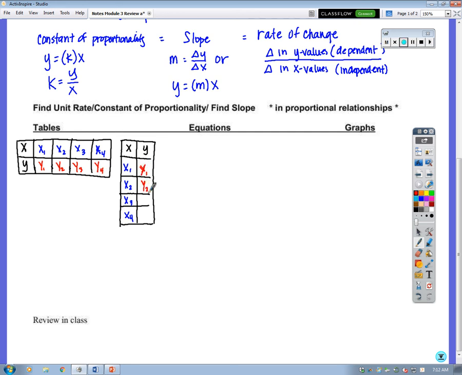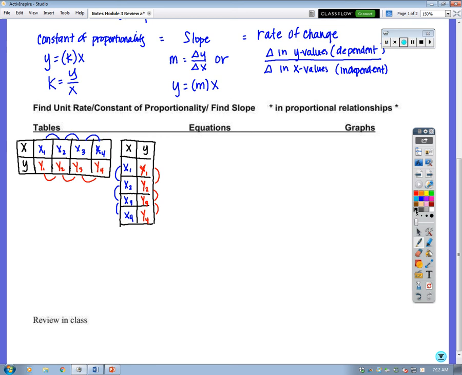What we're doing when we have tables is finding that change between our x values and our y values, and then creating a ratio of the two.